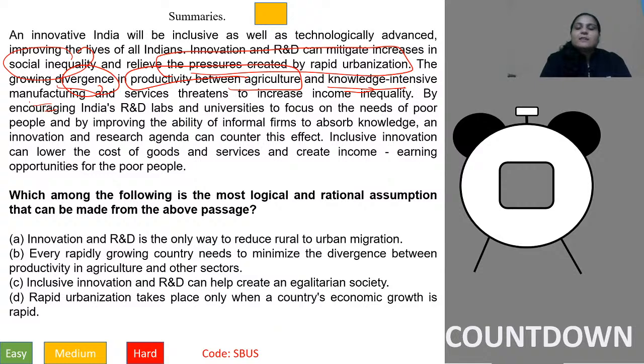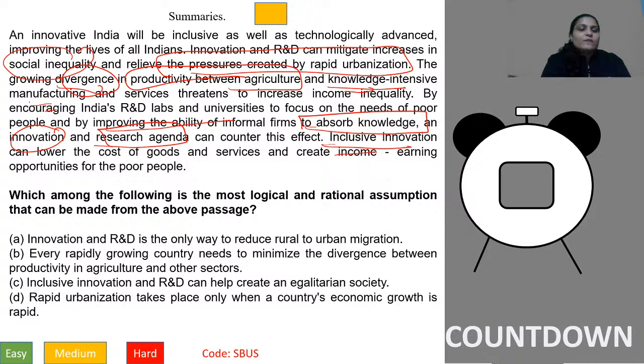They are saying that without proper R&D or proper infrastructure for R&D, it will be difficult for our firms or manufacturing processes to absorb the knowledge which new R&D can bring in, or to innovate, or to further the research agenda.